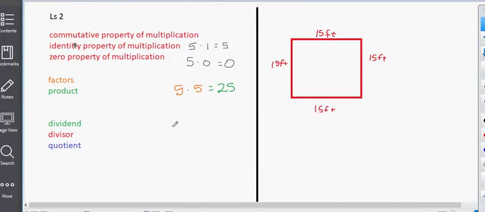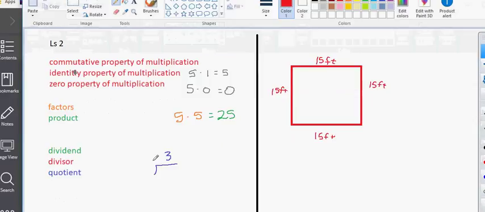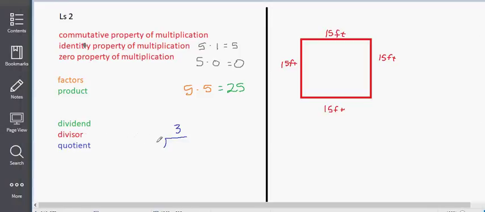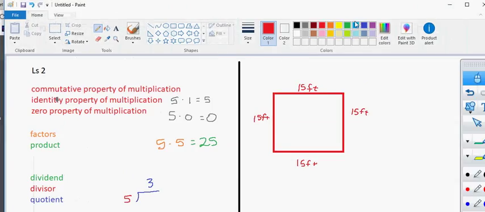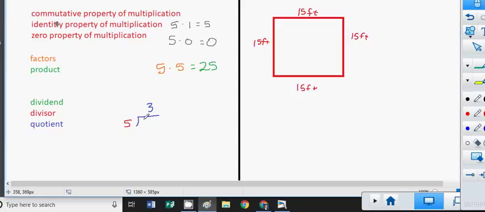The quotient is the answer of a division problem. The divisor is what's doing the dividing, so it's going into. And the dividend is the biggest number of all usually because it's the number under here, under the overhang.